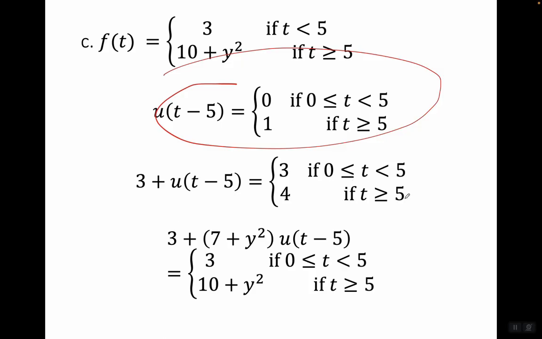It's 4 for t greater than or equal to 5. That's not good enough. We want it to be 10 plus y squared. We don't want it to just be 4. So let's multiply u of t minus 5 by 7 plus y squared. That way, the function is 3 when t is less than 5, but when t is greater than or equal to 5, then we get all of this stuff. We get 10 plus y squared.